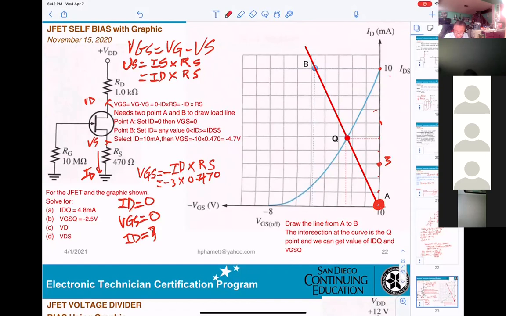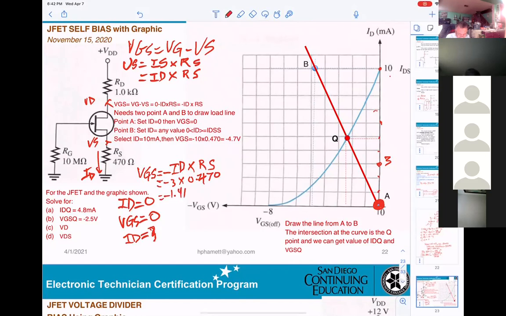So if you take the 3 in here, 3 times 0.47, see what you get. You get 1.41, so minus 1.41.